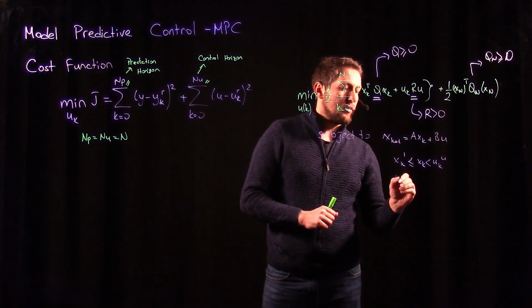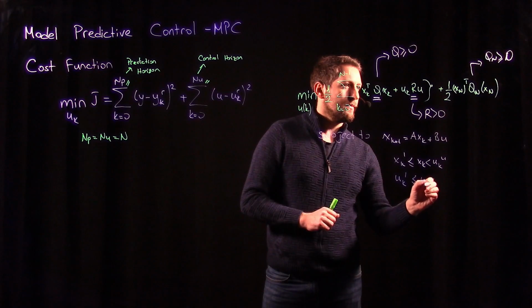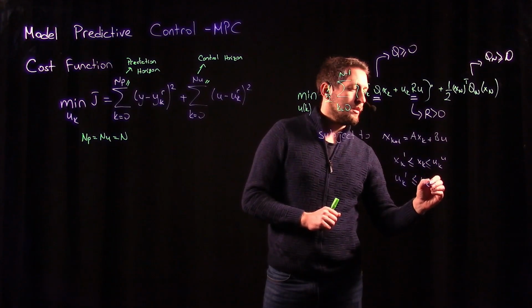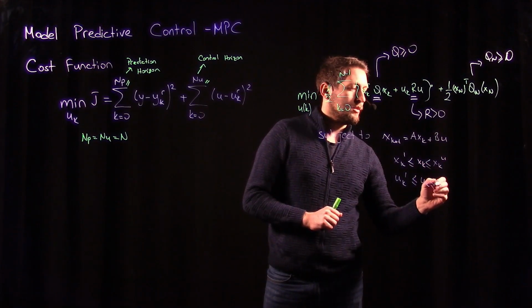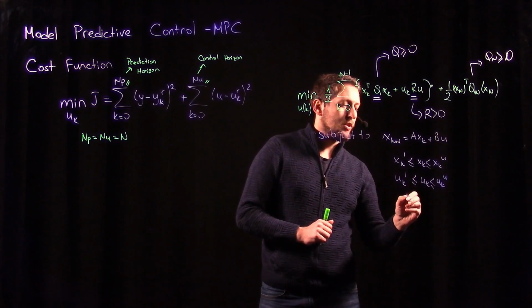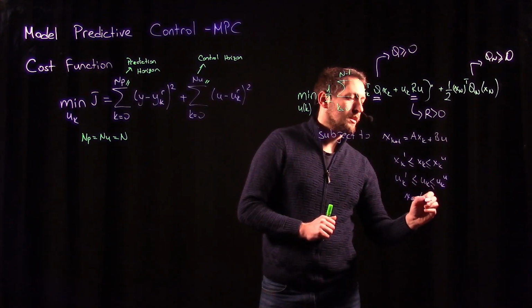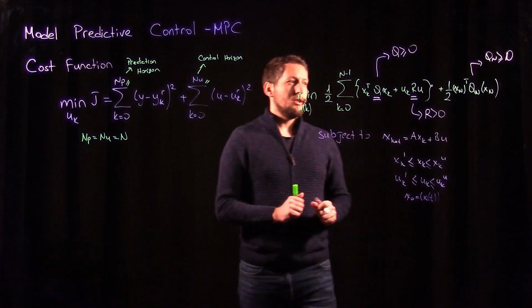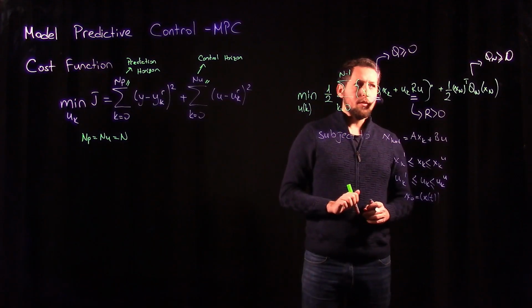Also the same for the input variables. I'm sorry, this should be x and this should be u, and we have some initial conditions at the very beginning of our optimization. Okay, this basically formulates a linear MPC problem.